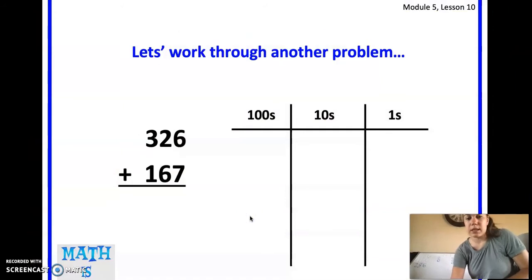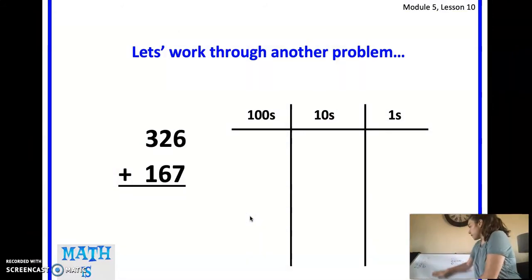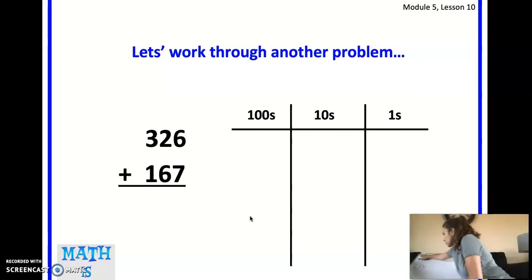Now we're going to go to our next problem, which is 326 plus 167. We have our place value chart.